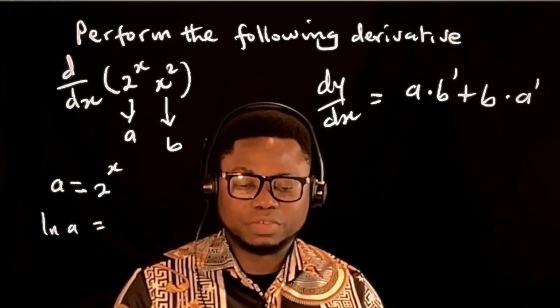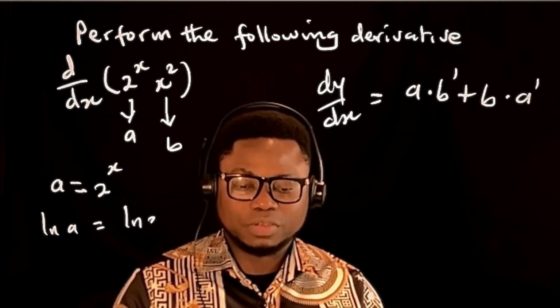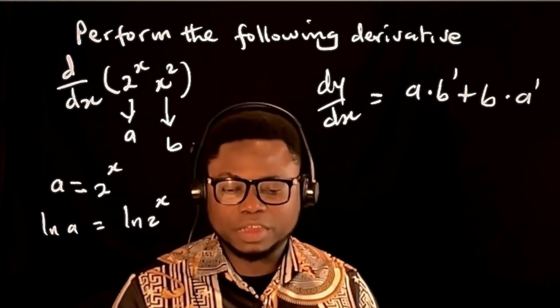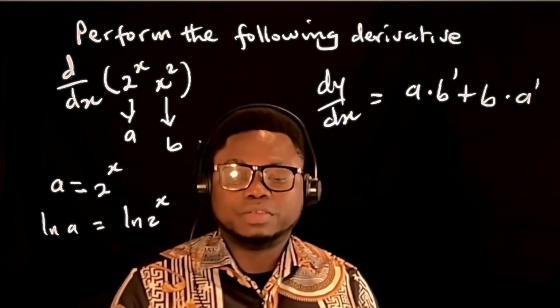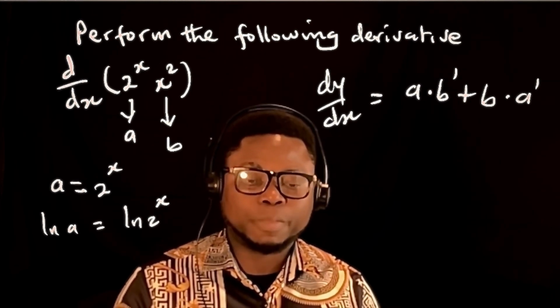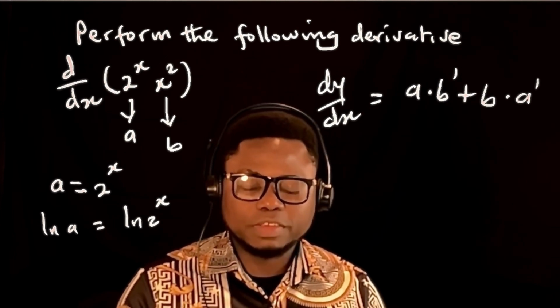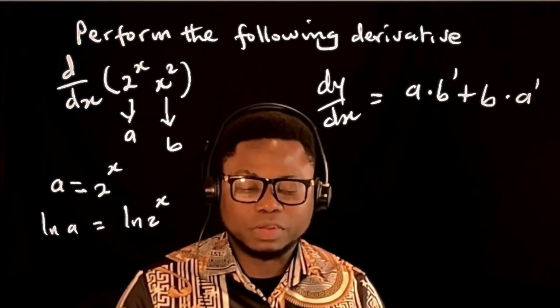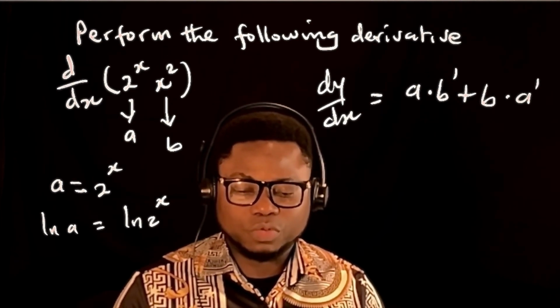Then a is equal to ln 2 exponent x. Because when I cancel ln, I'm going to get a is equal to 2 exponent x back. Now, this is the first thing to do: taking natural logarithm of both sides of the equation.